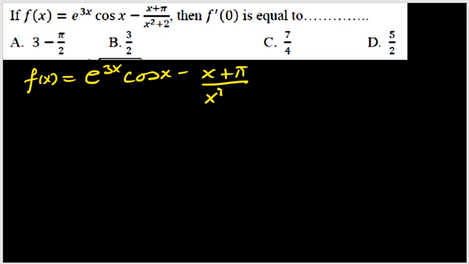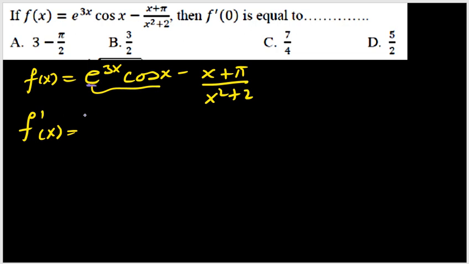Next question, we have a function f of x which is e to the power of 3x cos x minus x plus pi over x squared plus 2. We need to find the derivative at 0. What will be the derivative? For the first part, we need to apply the product rule.